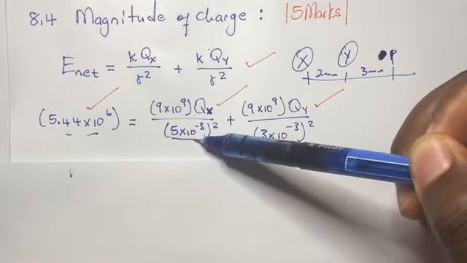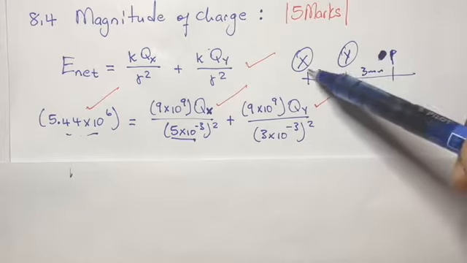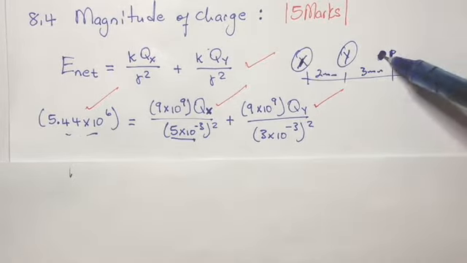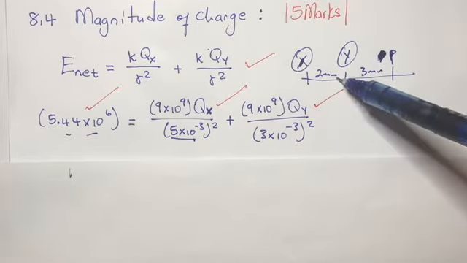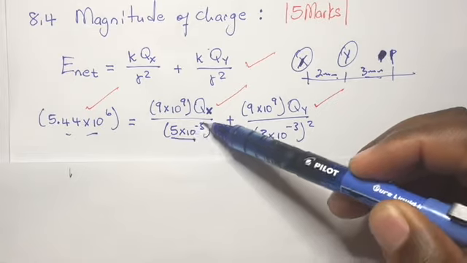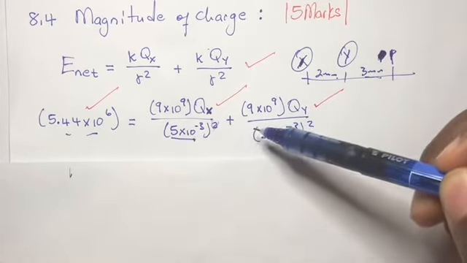Remember, it's by 10 to the power minus 3 because we had to convert it to meters. So it's actually the distance from there up to there. So it's 2 plus 3. That's why it's 5 by 10 to the minus 3 to convert it. And don't forget to square.